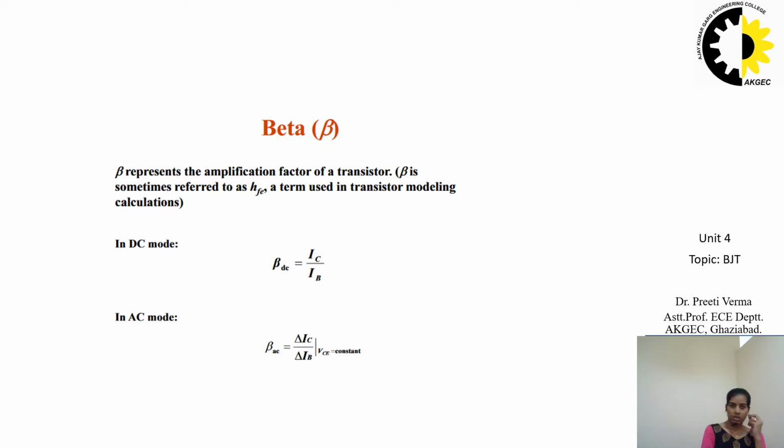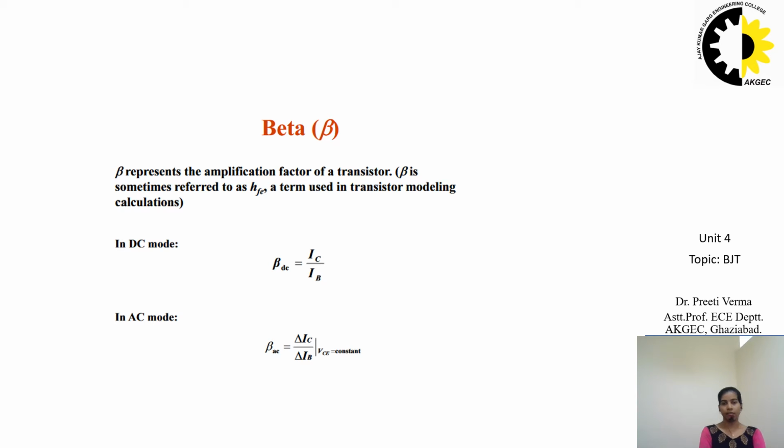For AC situations, beta AC is defined as the ratio of the change in the output current to the change in the input current for a constant value of output voltage. That is, beta AC equals delta IC upon delta IB for a constant value of VCE.